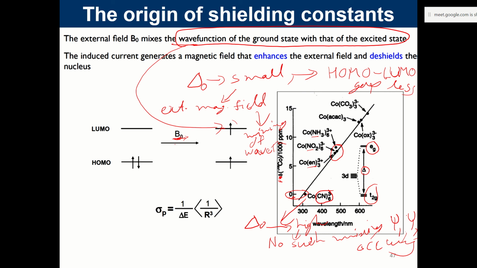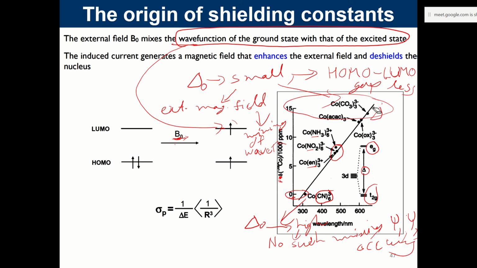Cobalt is also magnetically active, so the nucleus of cobalt is magnetically active and NMR can be conducted, and it has been found that there is a change like this. You can clearly see carbonate, further lowering T2g, del not is very small. In this case you have this effect, and the maximum chemical shift value is obtained.